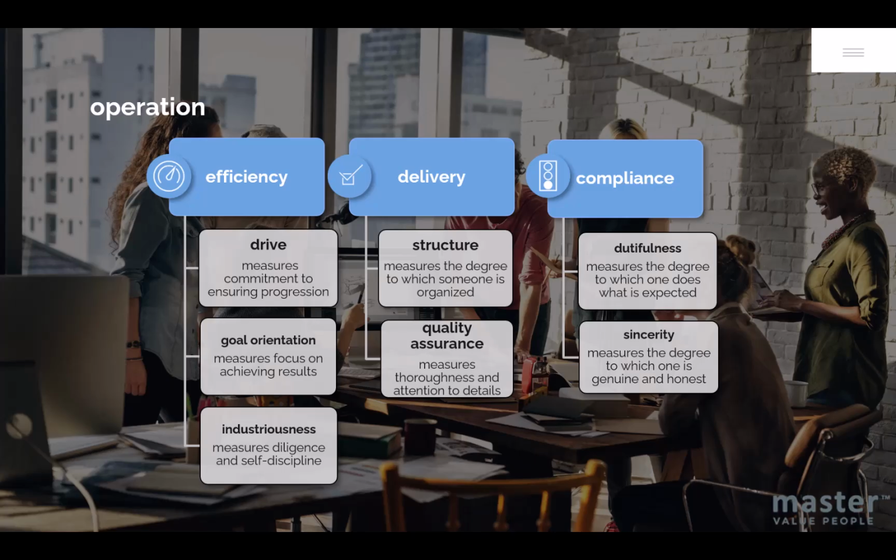Individuals with a high score set ambitious targets for themselves and often for their colleagues as well, making this trait especially valuable in roles with key performance indicators such as sales positions. Elite athletes will also likely score high on this scale. The final aspect is industriousness, and it measures diligence and self-discipline.